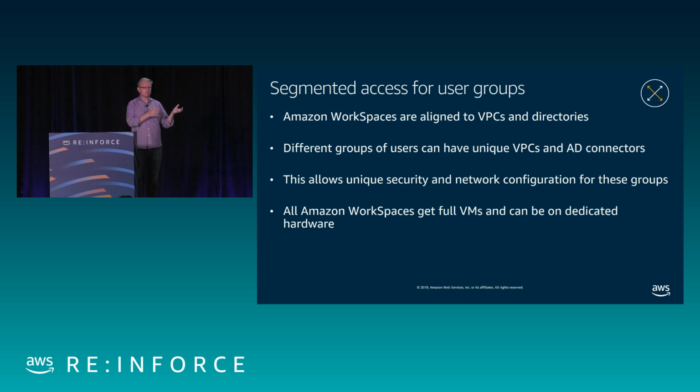We could have done something called shared session, where you have more than one user running on a single operating system instance, for example, running multiple users on a single Windows instance. That's not what we do here. Everything is full virtual machine, full segmentation. We rely on the hypervisor layer for the segmentation for workspaces. So it means that you've got 100% certainty that there's no possible cross-pollination, no possible way that data is getting back and forth between those instances.